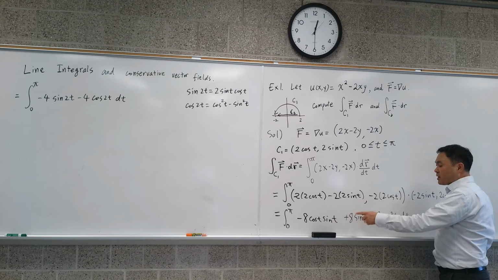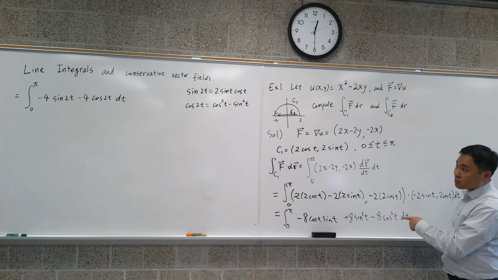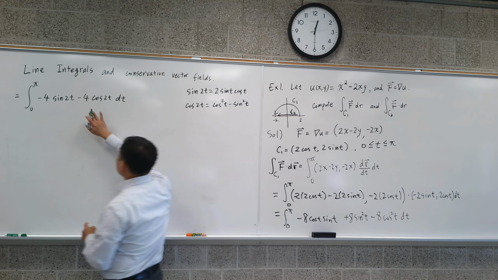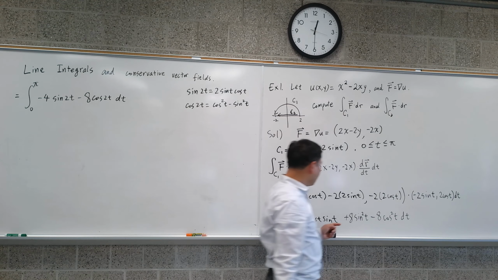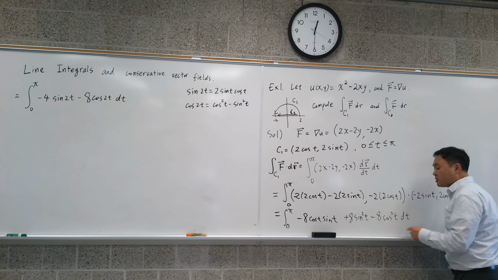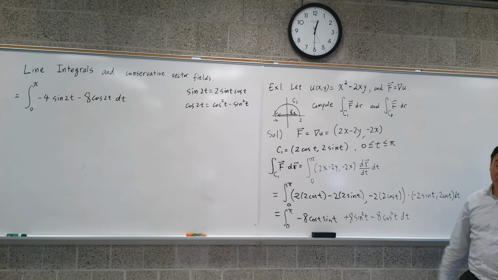Here, if I factor the negative 4 out, then you get, no, that's not right. This one is negative 8, sorry. So for here, if I factor the negative 8 out, then you get cosine squared minus sine squared, which is the same as cosine 2t.